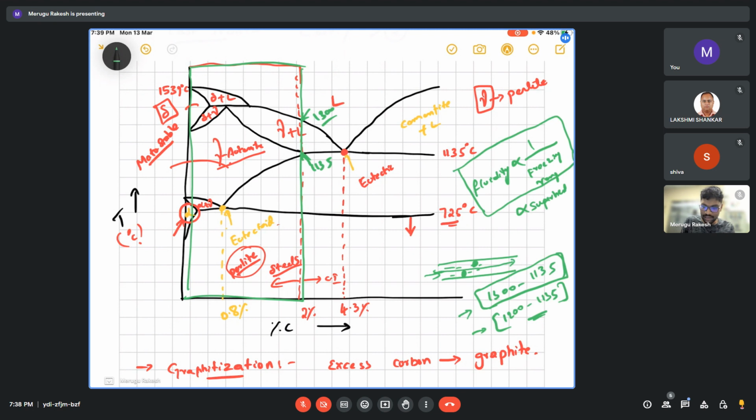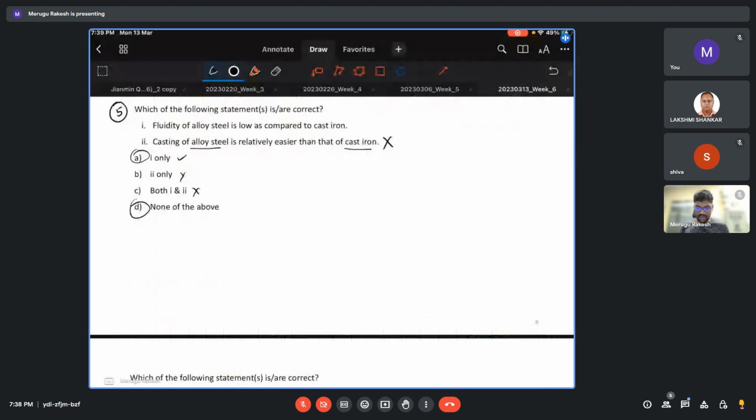Freezing range is nothing but this liquidus line to this solidus line. Now I'm just talking about 2%. You can take any percent. You can take, say, 1% as well, and see how much the freezing range is as compared to the cast iron.